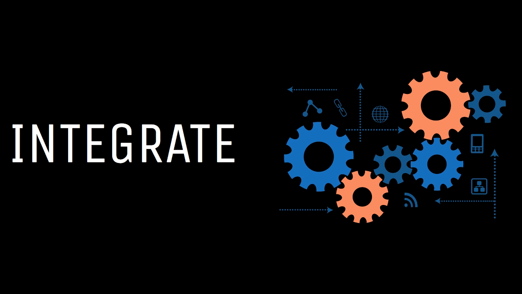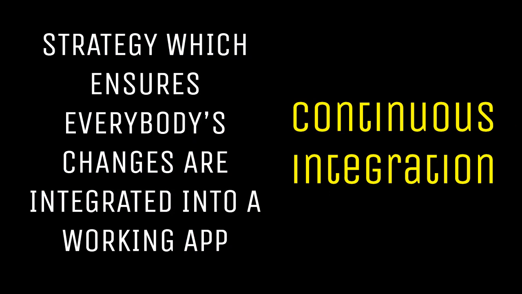So, in other words, we need to make sure our code works with other code that is already in the system, that we don't break anything and the system continues to function smoothly. So basically, that's the term, which says continuous integration is a strategy which ensures that everybody's changes are integrated into a working app. So working app, in other words, is production environment, your staging environment, dev environment, whatever it is. Just an environment where you can run your app.